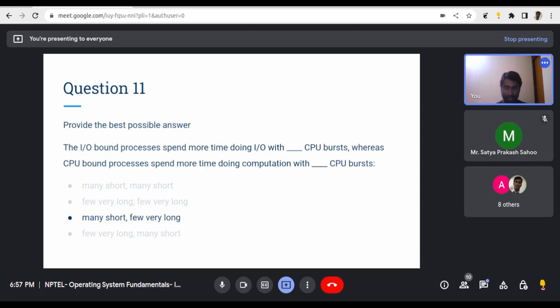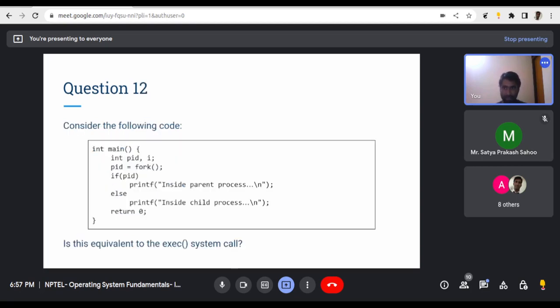So the CPU bound processes can execute for a long time in the CPU because they have more CPU bound instructions in them. So with few very long CPU bursts, they can complete their execution. Anyway, let's move on to the next question.